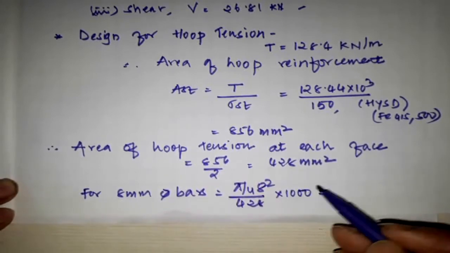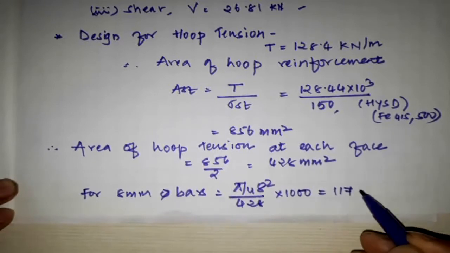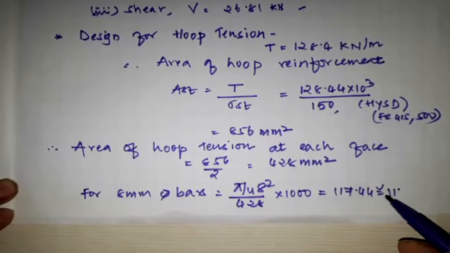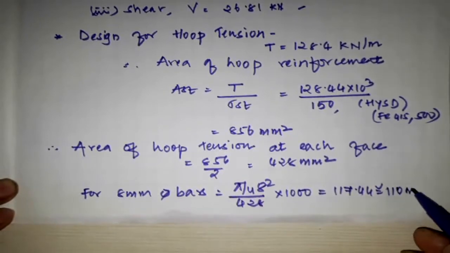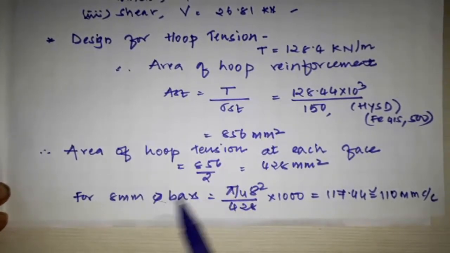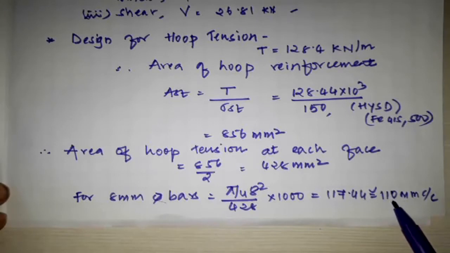We get 117.44, so let us go for 110 mm center to center. So we have to provide 8 mm dia rings along the periphery of the circular wall at a distance of 110 mm center to center at both faces, inner as well as outer.